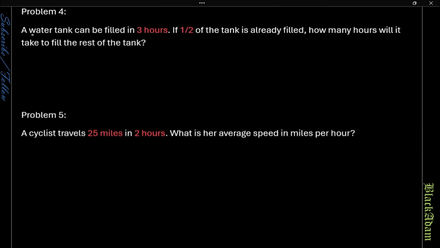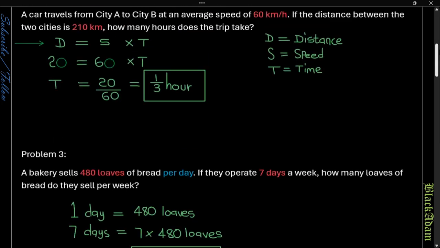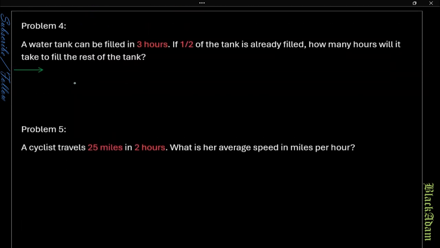A water tank can be filled in 3 hours, and then half of the tank is already filled, and then what we have is full tank. So they say how many hours will it take to fill the rest of the tank. So full tank takes 3 hours, and half tank is going to take half of 3 hours.